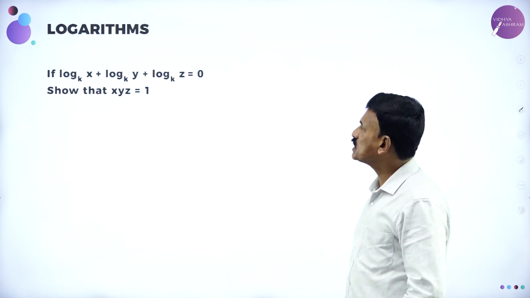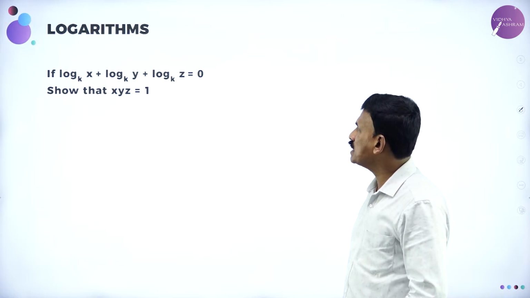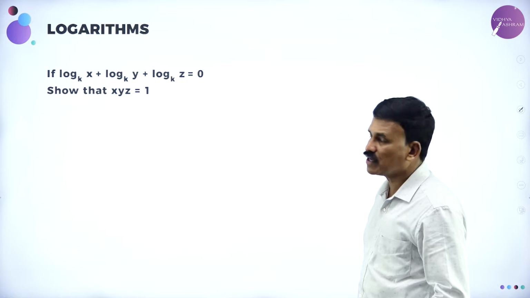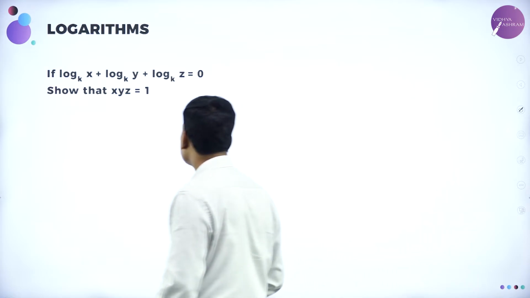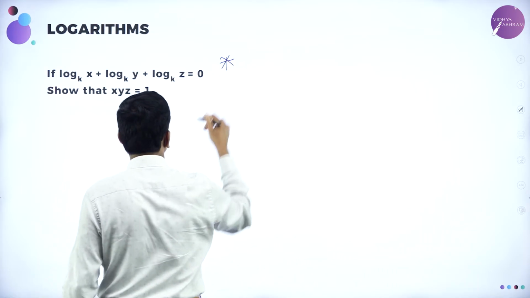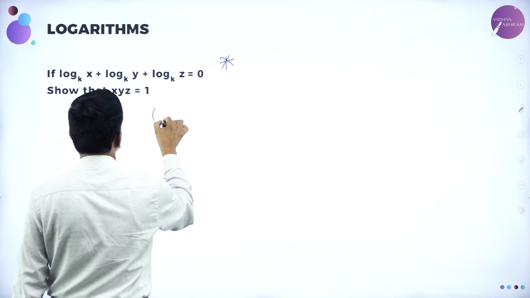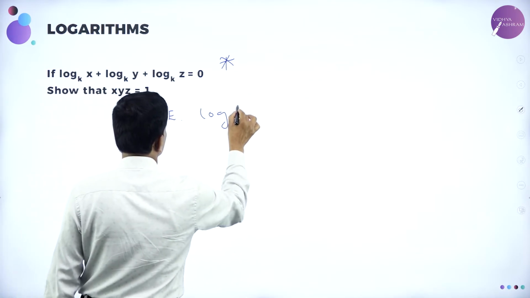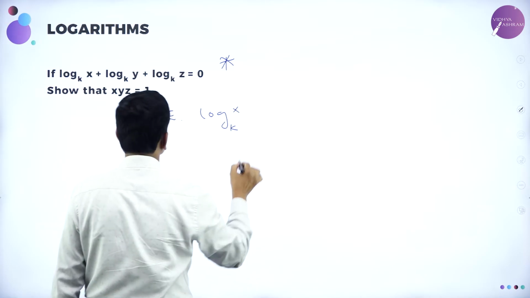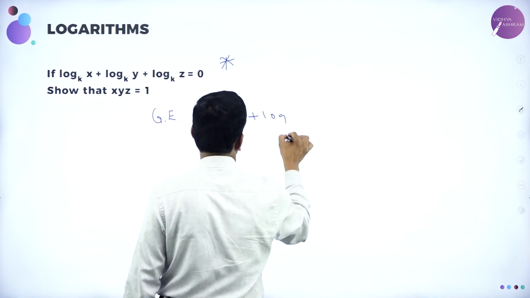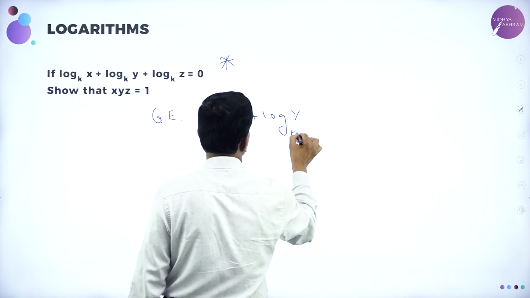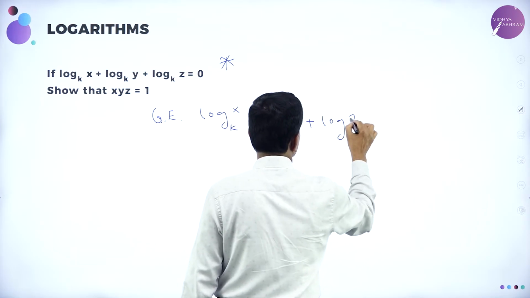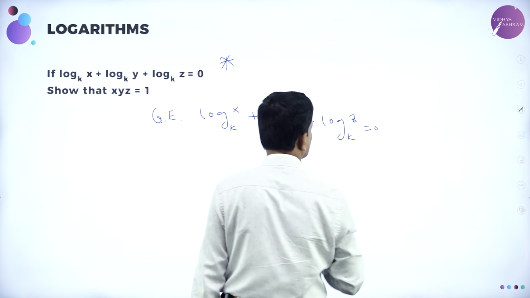So if log x to base k plus log y to base k plus log z to base k is equal to 0, then show that xyz is equal to 1. This is also a simple and important problem. Write down what is given. Given equation is logarithm of x to base k plus logarithm of y to base k plus logarithm of z to base k is equal to 0.